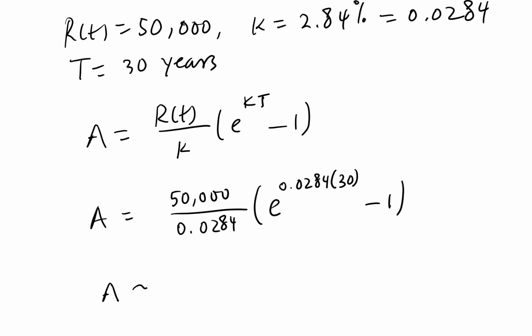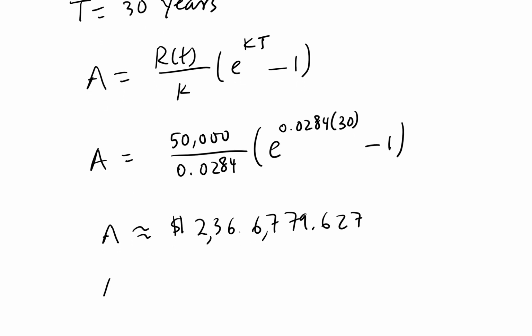And A would give us $2 million, which, if you want to round it to the nearest dollar value, would be 2,366,780.